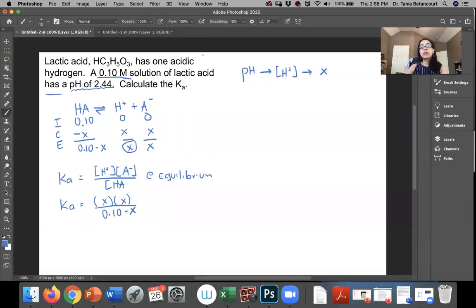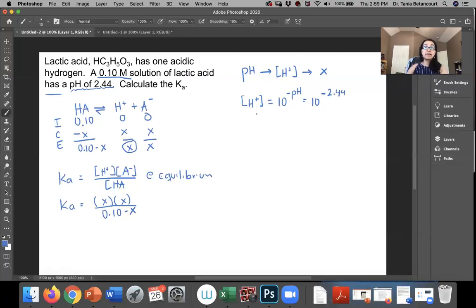Okay, so how are we going to go from pH to hydrogen ion concentration? If you remember in the previous video, we did a calculation where the hydrogen ion concentration is equal to 10 to the minus pH. So that's what we're going to do. In this case, 10 to the minus 2.44.